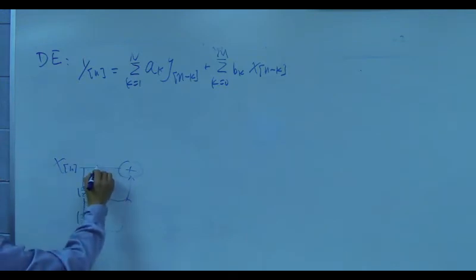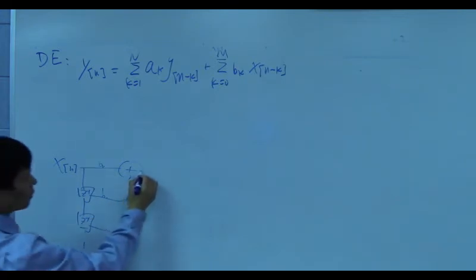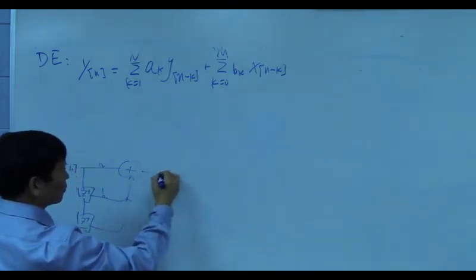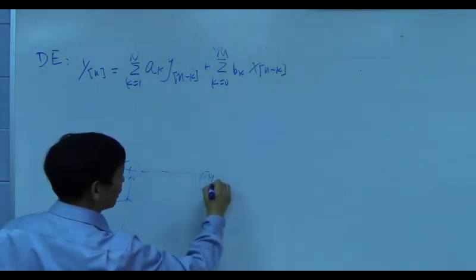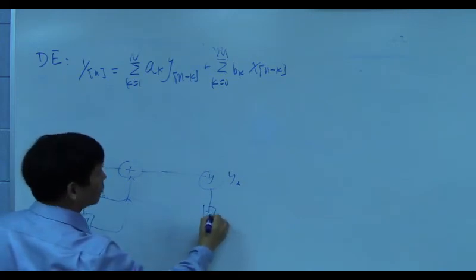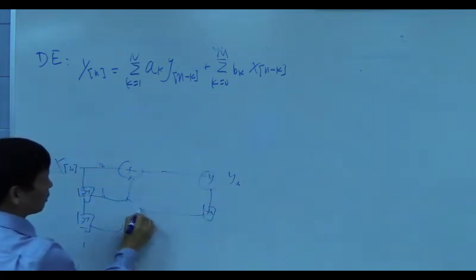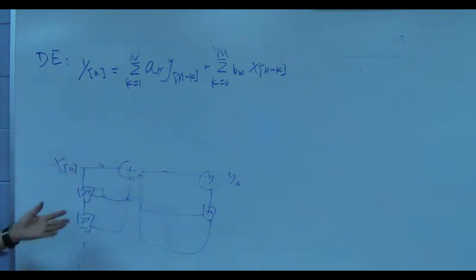So this one equals b0, b1 or something, and all these terms add to this, and that is the system. Then the output is here, y[n], and this one is delayed by some time and also comes back to here, then adds to this, comes back to here, then adds to this. So that gives us the discrete system.